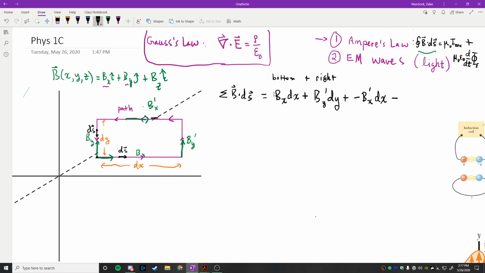And on this side up here, ds was pointing this way. Over here, ds was pointing this way all along the path. When they're opposite to each other, you get a negative sign out of the dot product, right? Because you're doing a cosine of 180. So on the left-hand side of my loop right here, the final piece of this is going to be By multiplied by dy.